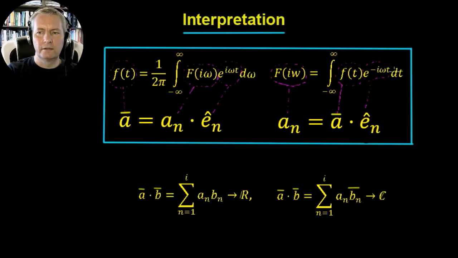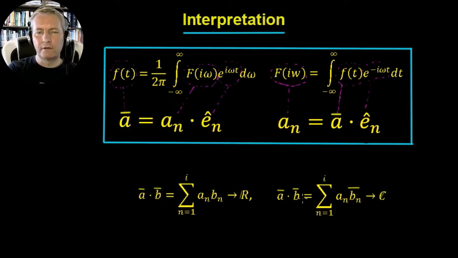You can see why this is going to occur, and we'll talk about it on the next slide as well. If we were to look at the dot product of two vectors with real components, a dot b would be the sum from n equals 1 to some value of I of an times bn. That's assuming purely real values of a and b.